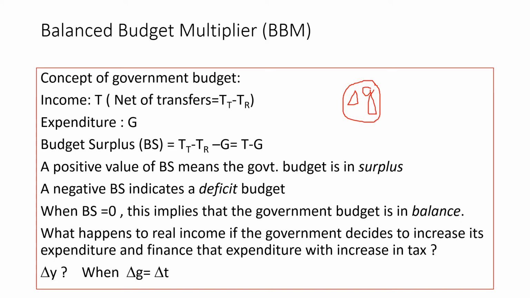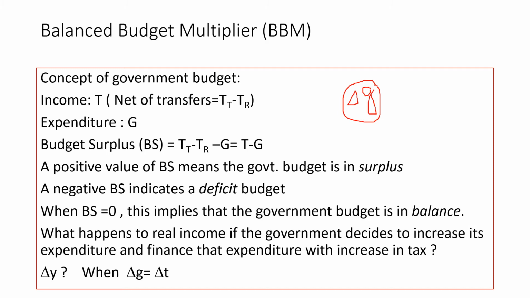So basically, when nothing is said, that means we were talking about a deficit budget. We were talking about deficit financing. It can do so by borrowing from the market. It can do so by printing money. But because we don't have a money market in this case, we will explain that in the later model, so just ignore that point.